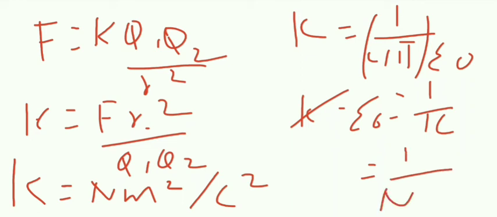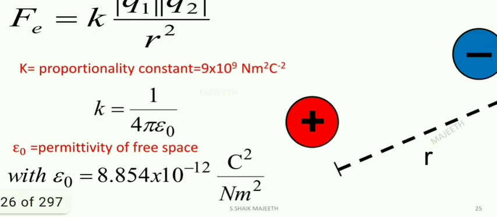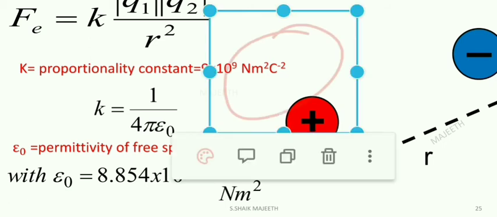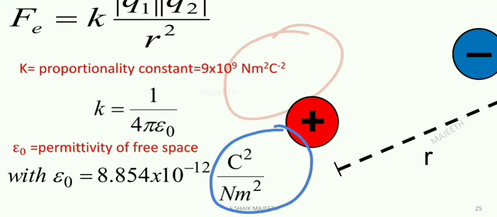K is Newton meter square by C square. That C square will come up. So it is Coulomb squared by Newton meter square. You see, it's simple, right? So Newton meter square into C power minus 2. Similarly, the unit of epsilon naught is Coulomb squared by Newton meter square.